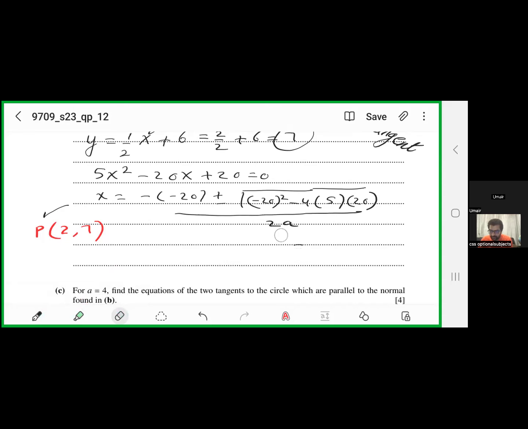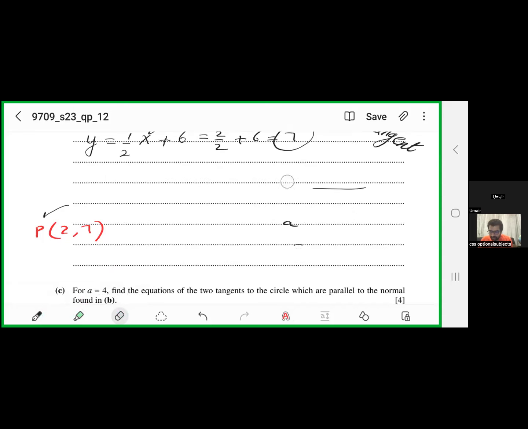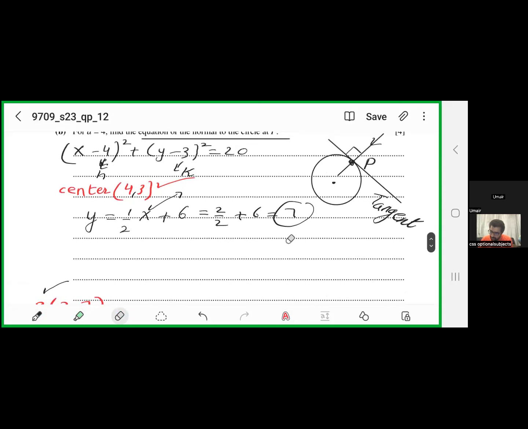So I'm going to rub this one. This was for your reference. Now, this is the equation of tangent. From here, the tangent gradient is 1 by 2.